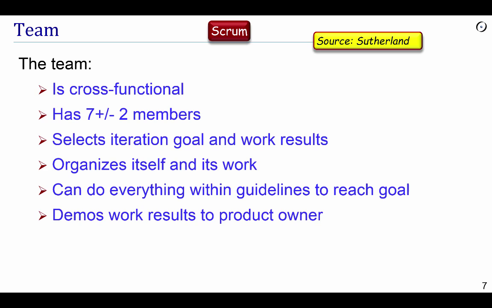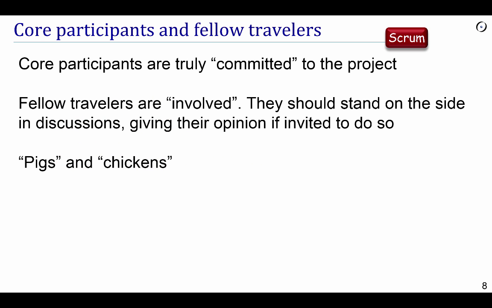And of course, at the end of an iteration, and maybe even before, in some cases, the team will have to demonstrate its results to the product owner, who, as we are going to see, is the one who decides in the end what passes and what doesn't pass as a suitable result. So these are very important responsibilities. They correspond to much of what traditional managers do, and they are farmed out in Scrum to the collective actor, the collective role of the team.